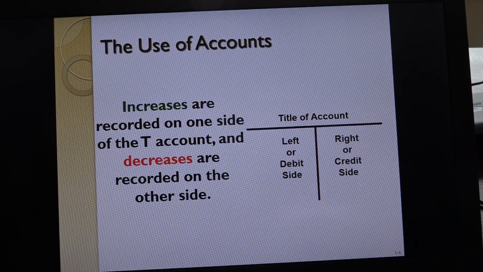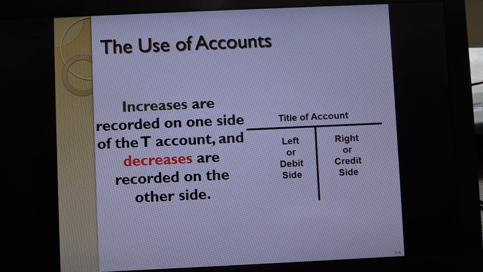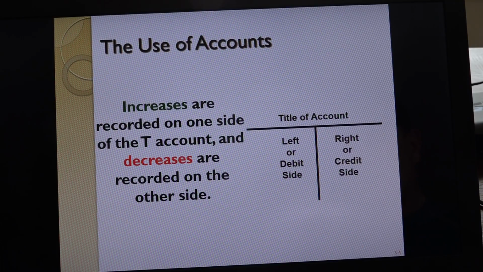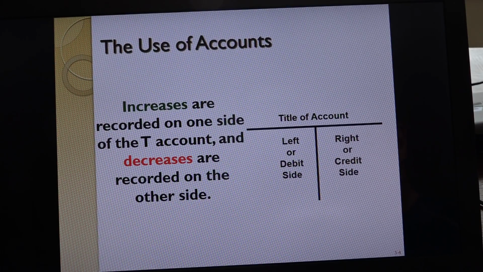Now, the representation of an account for our purposes is reflected in what we call a T account. The elements of a T account are the title of the account, such as cash, and then you have the debit side, which just means left side, and the right side, known as the credit side.